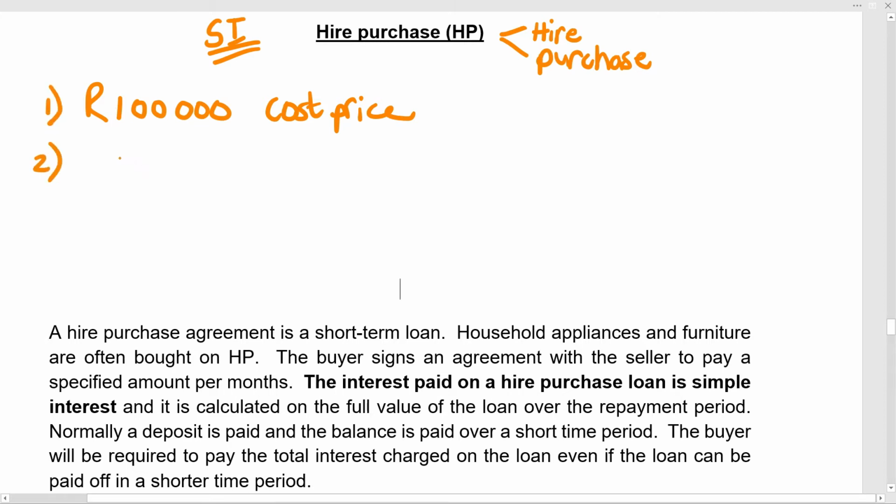Then we can have a deposit. There might be a deposit. You might be given an amount that is a deposit, or you might be given a percentage. You don't always have a deposit; in fact, you might have seen car adverts that advertise no deposit necessary.